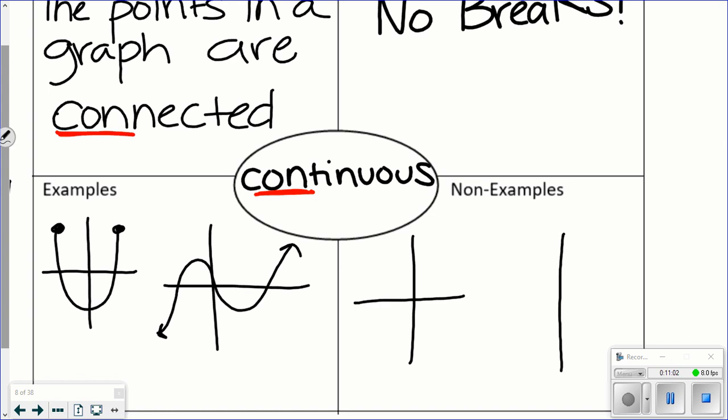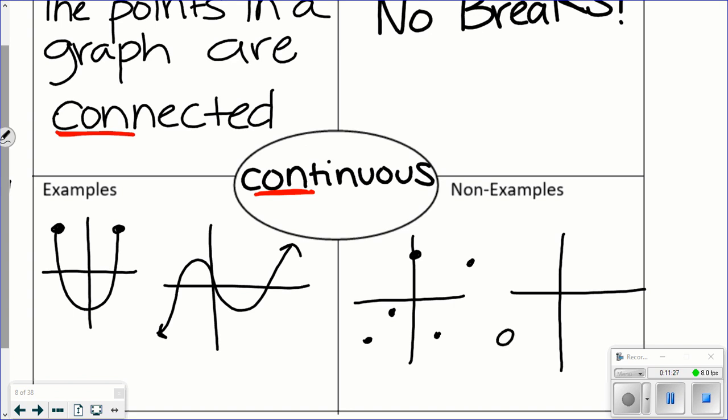Here are some non-examples. Point, point, point, point, point. And there's a lot of different individual dots, individual points. There's breaks in this graph, so it's not continuous, so this is a non-example.